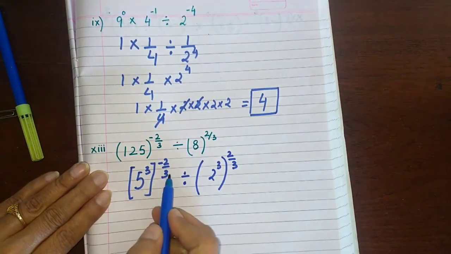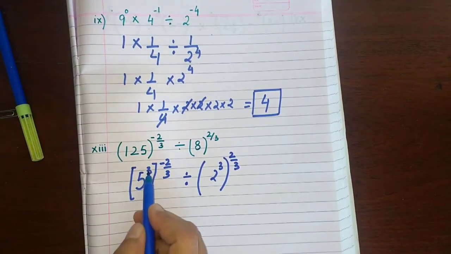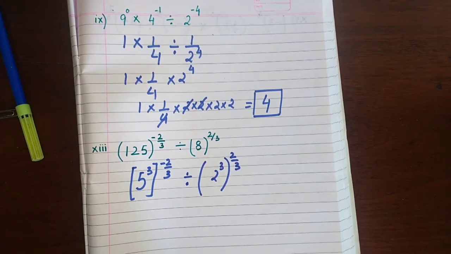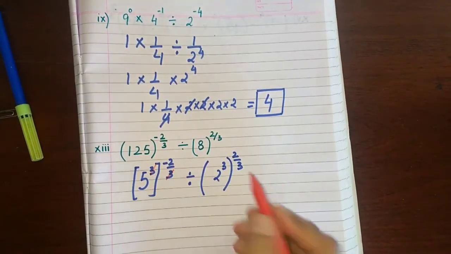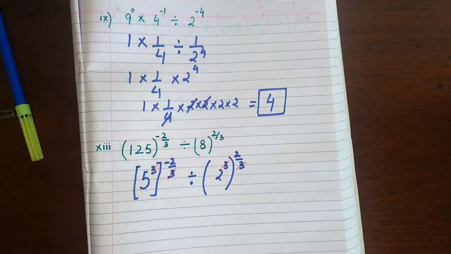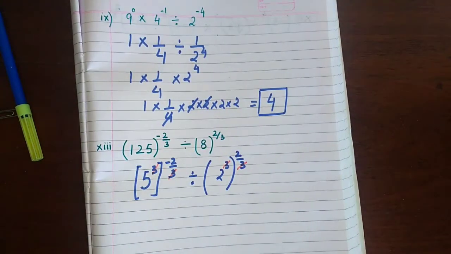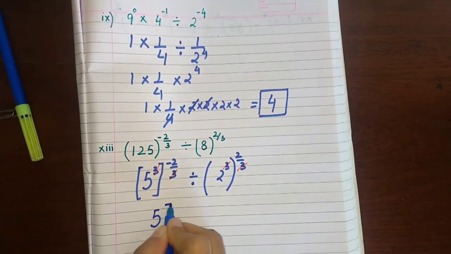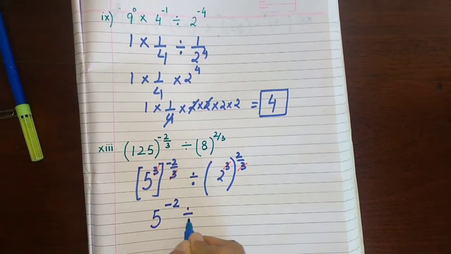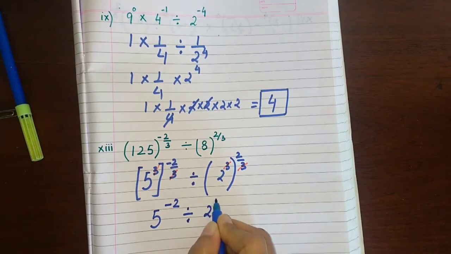Now when you apply the power law, you multiply 3 into minus 2 by 3. So this 3 and 3 get cancelled. Here also 3 and 3 get cancelled. What is left is 5 raised to the power minus 2 divided by 2 raised to the power 2.